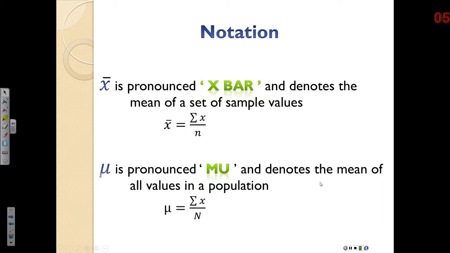You add up all your data values and divide by lowercase n, your total. That's your equation. Down here, mu: how do you get your population mean? You add up all your data and divide by the population size. Do you have to know the little formulas? You don't have to know all that. Just memorize the symbols.